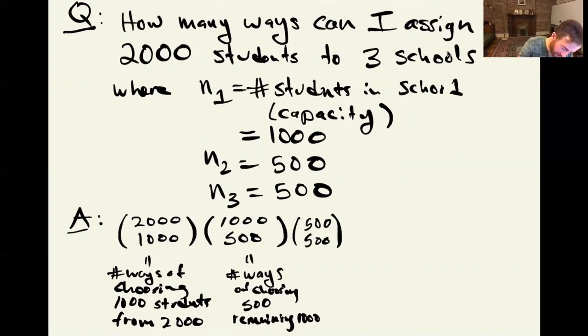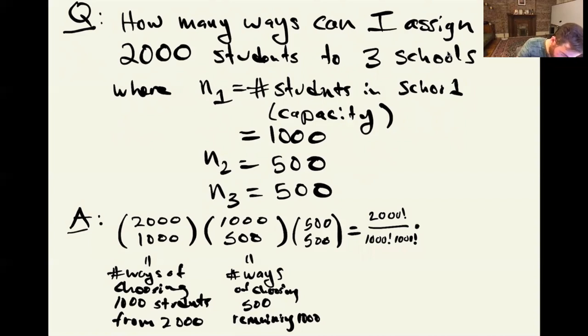Now what happens when we write out this expression? Let's just take a look. So remember, you first take 2,000 factorial, and you take 2,000 minus 1,000, which in this case is 1,000 factorial. And then what's left is 1,000 factorial. This is my n minus k factorial, and this is my k factorial.